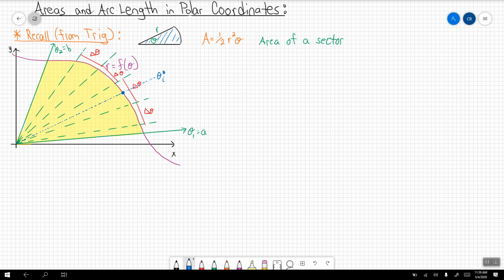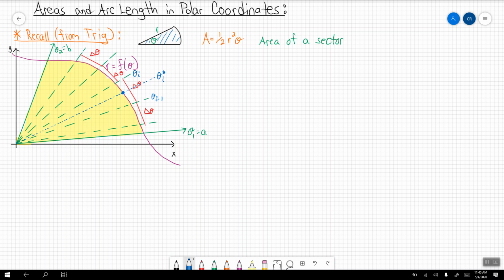So if I want to find the area of that one small sector right in here, I'm going to make some adjustments. The interval in which the sample point lies is going to be theta of I minus 1 to theta of I. And again, this is just a sample point within that interval.